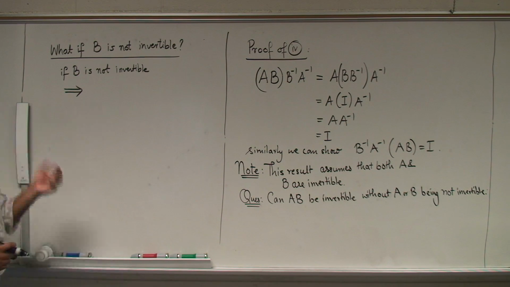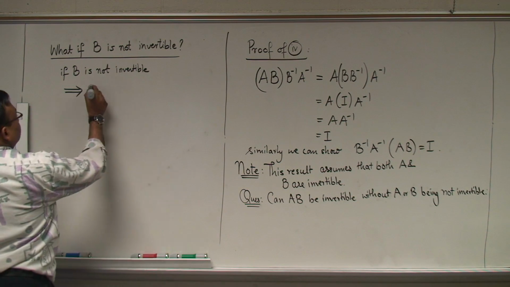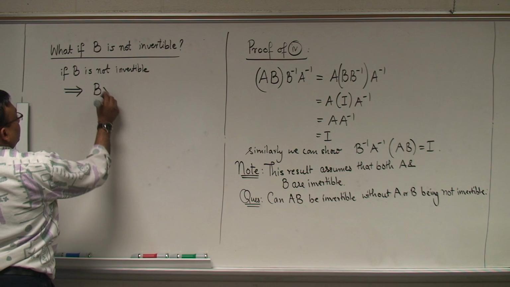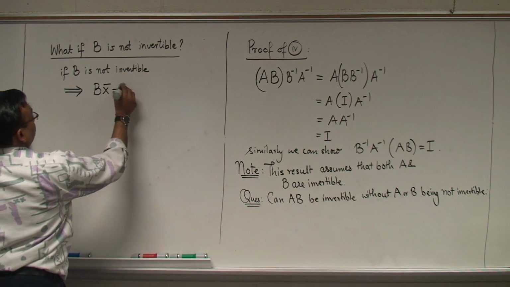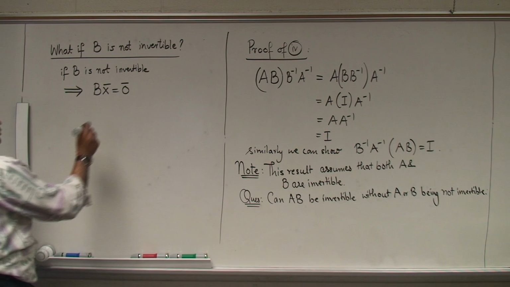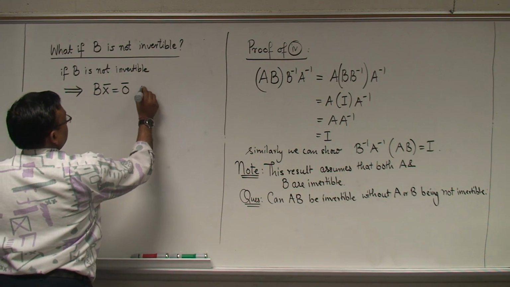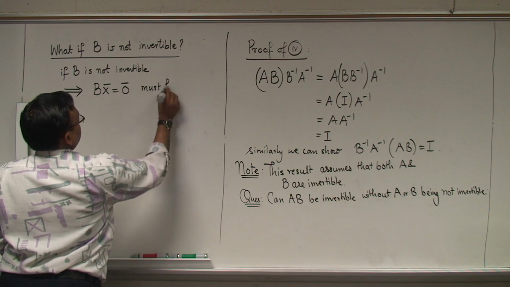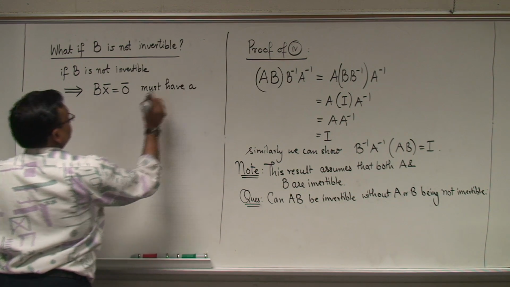We can say the columns of B, the rows of B cannot be independent, and so on and so forth. In particular, what can I say about Bx equal to 0? What can I say about the homogeneous system? If B is not invertible, then the homogeneous system must have a non-trivial solution.